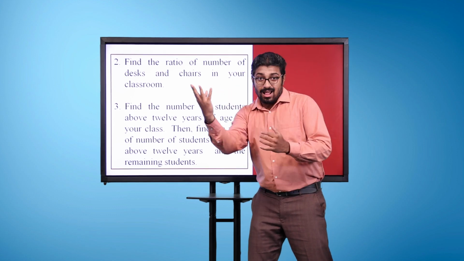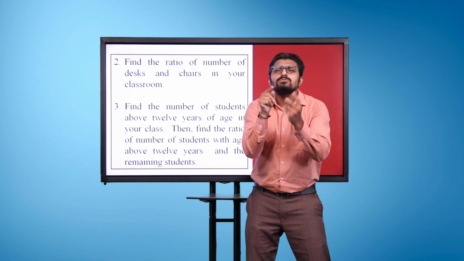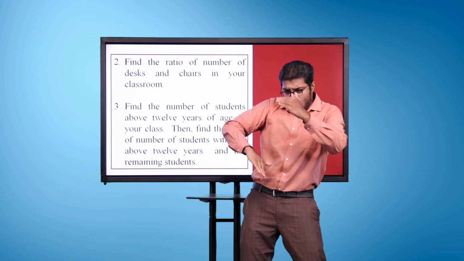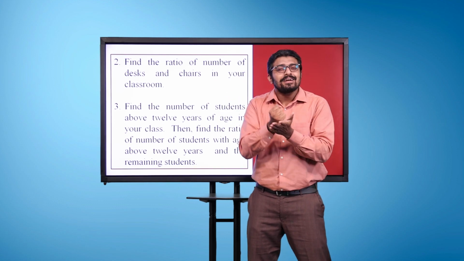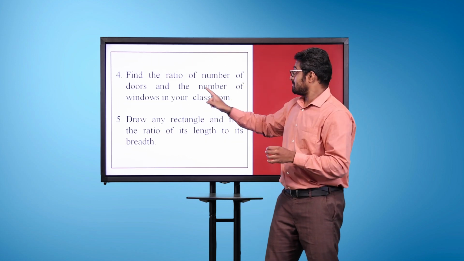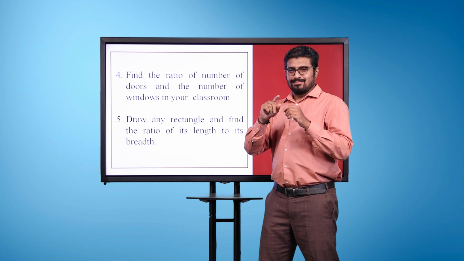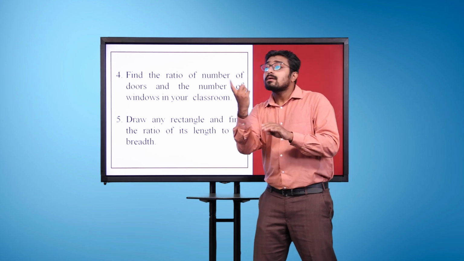Then find the ratio of number of students with age above 12 years and the remaining students. 4. Find the ratio of number of doors and the number of windows in your classroom.